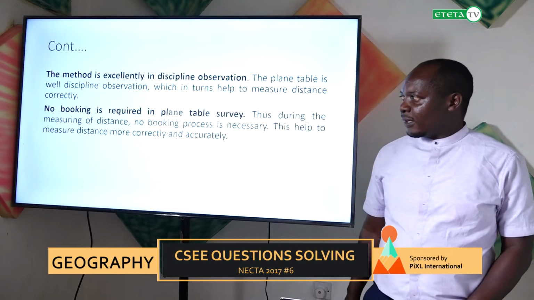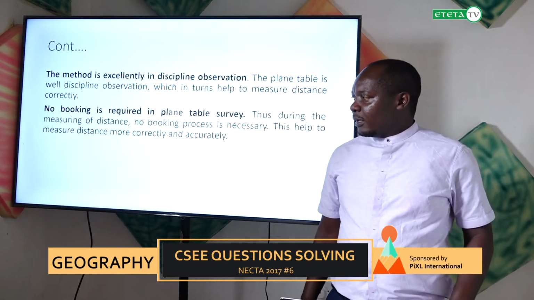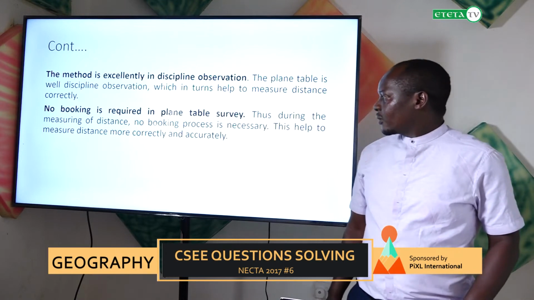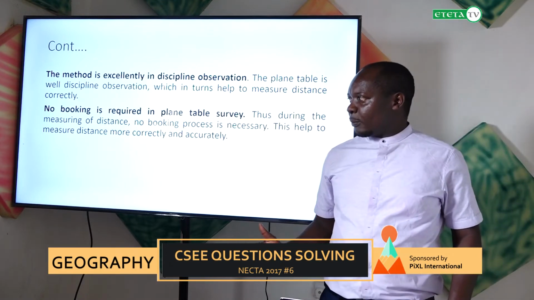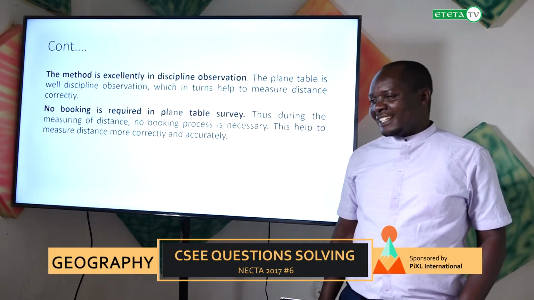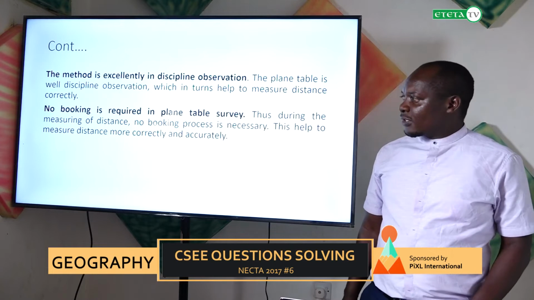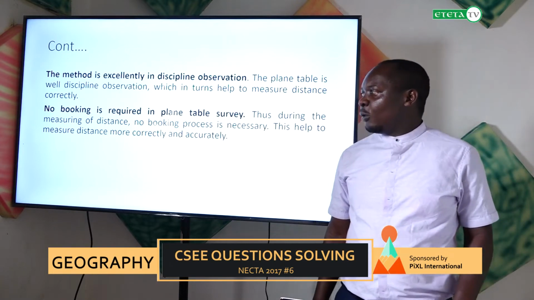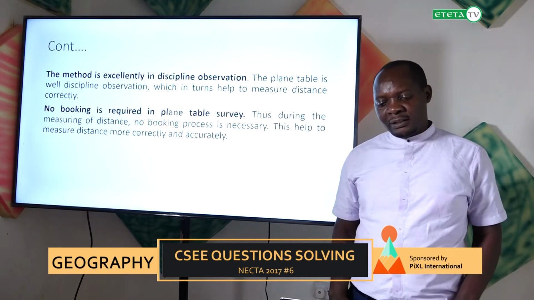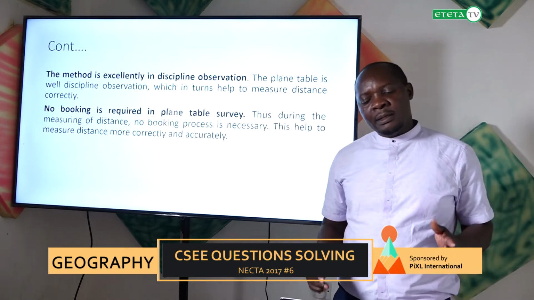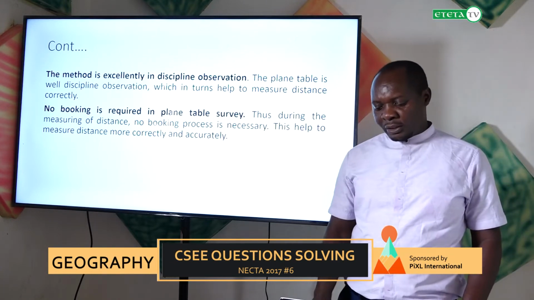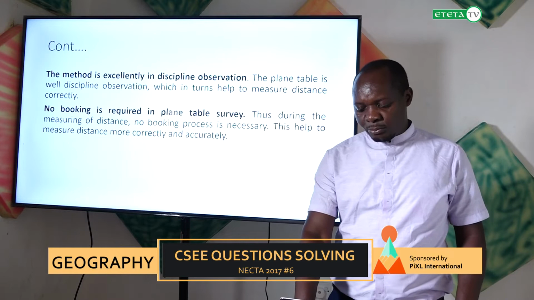Thus, during the process of measuring distance, no booking process is necessary. This helps to measure distance more correctly and more accurately, because it is not that important to book, but to fix those distance measurements correctly.